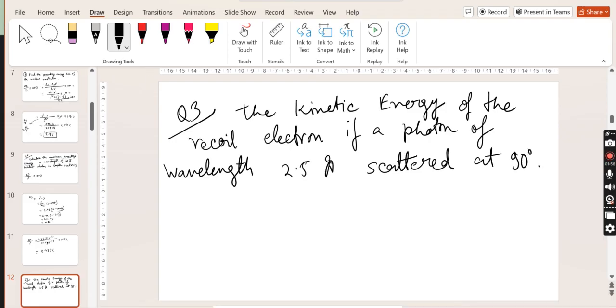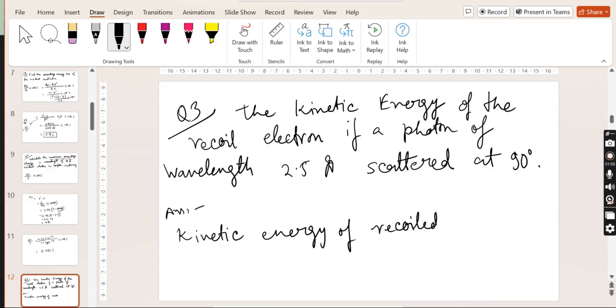So the kinetic energy of the recoiling electron will be the same as the energy the photon loses.